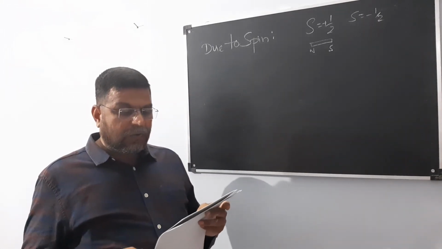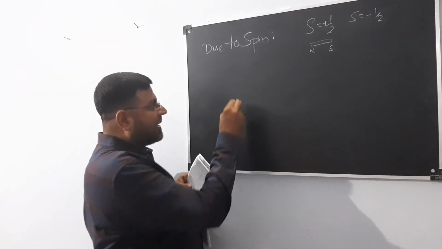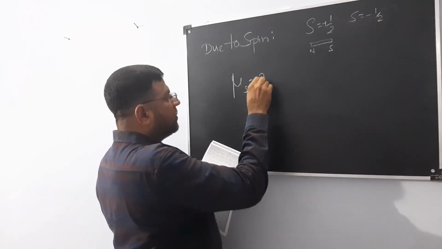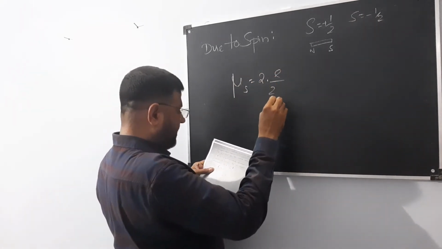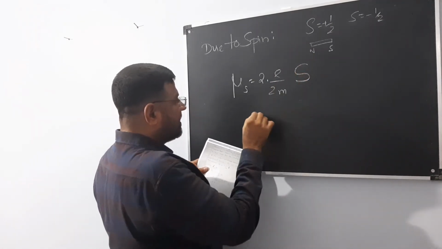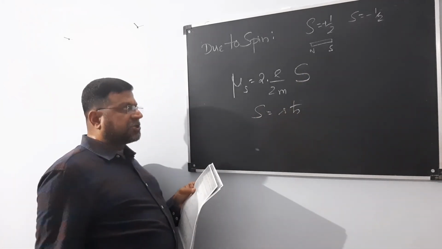So in order to obtain agreement with the experimental result, the spin magnetic moment is given as mu S is equal to 2 times e by 2m times capital S. But capital S is equal to small s times h cross.